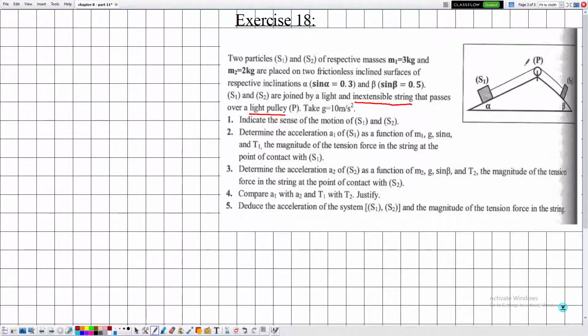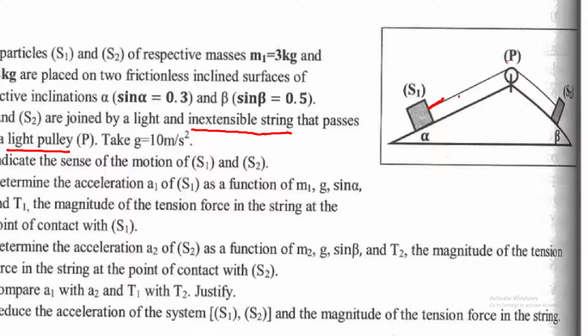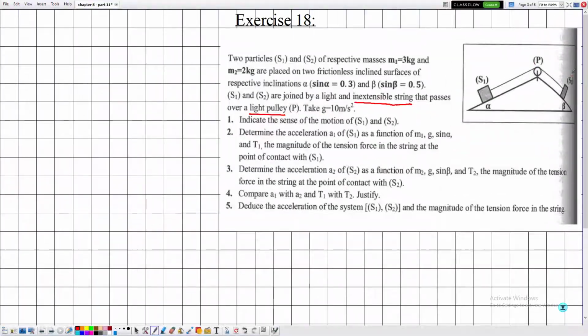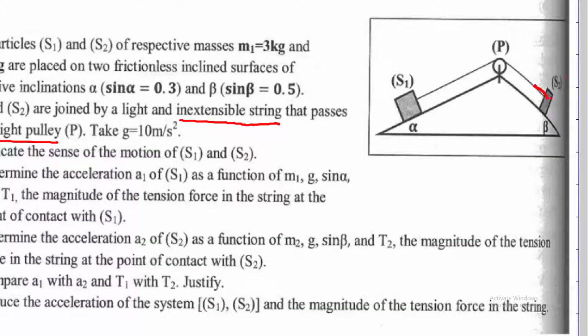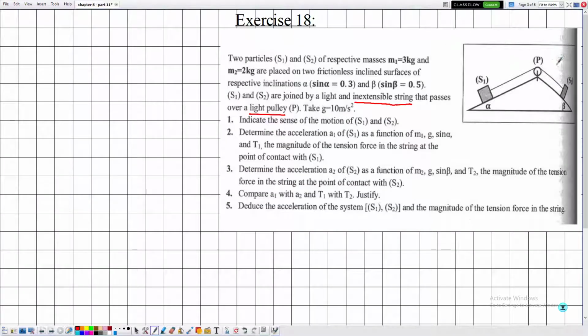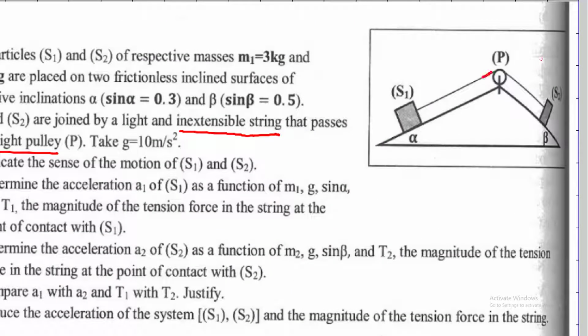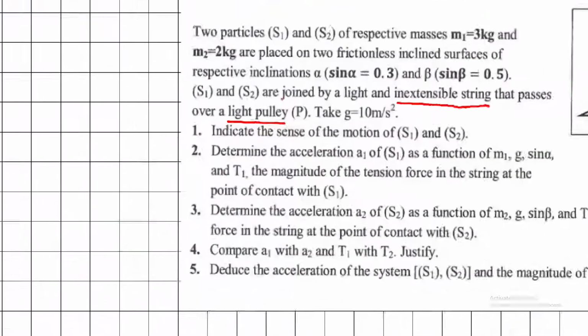If we want to justify that this tension is equal to this tension, we need to say that the string is inextensible. Moreover, that the pulley is of negligible mass, which is a light pulley.